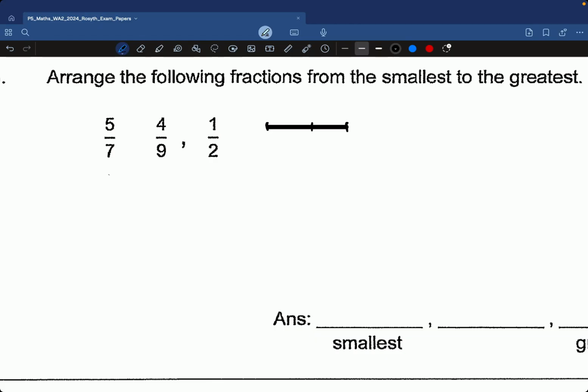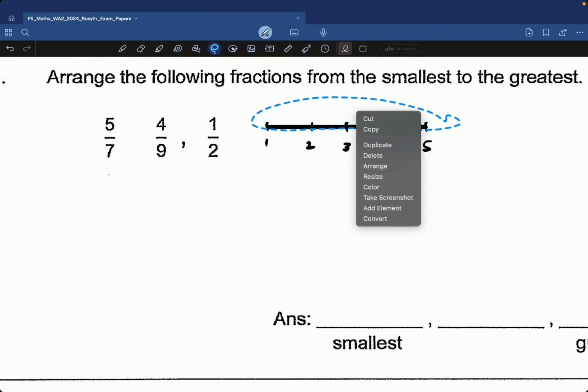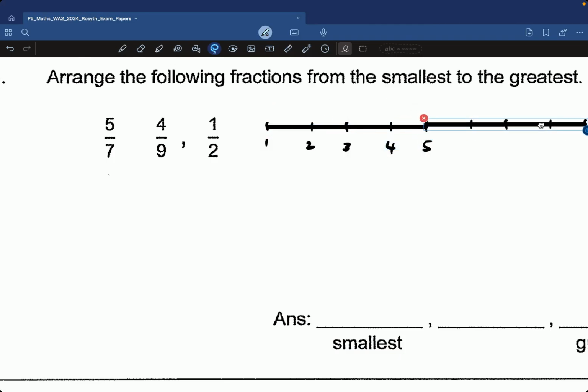Let me make this equal, so at least it is something that we can compare. So 1, 2, 3, 4, and 5. Then we're gonna do this again to make it 9. Something like this. So 5, 6, 7, 8, and 9.